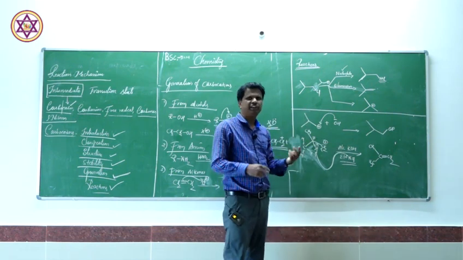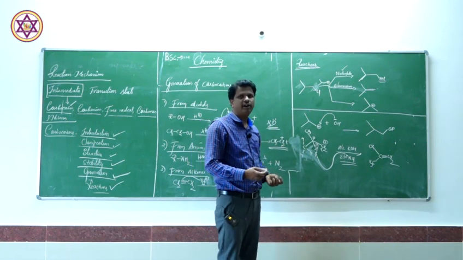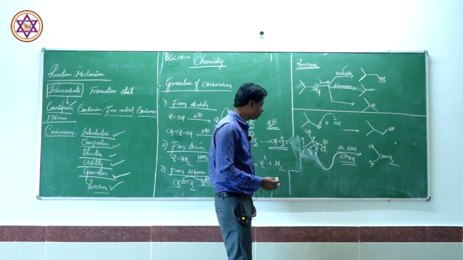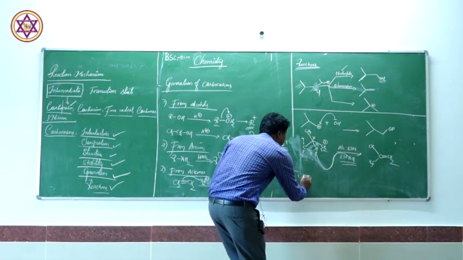The last one is the rearrangement reaction. You might have heard of the Markovnikov addition reaction. I'll write that in the simplest way possible. Let us assume that we have propene.